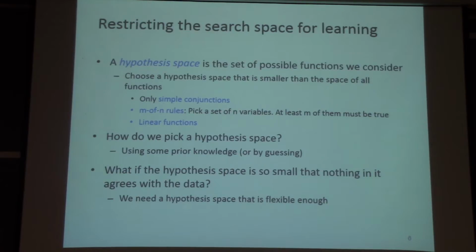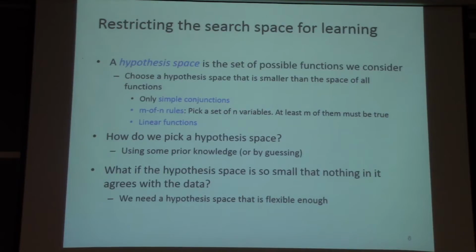So the most reasonable thing to do is to select a hypothesis space that is small and yet expressive enough. And some of you asked me at the end of the class, or maybe by email, how do you know what to pick? This seems like a good idea, but there doesn't seem to be any magic. And yes, that's right, there is no magic here. You do some intelligent guessing.